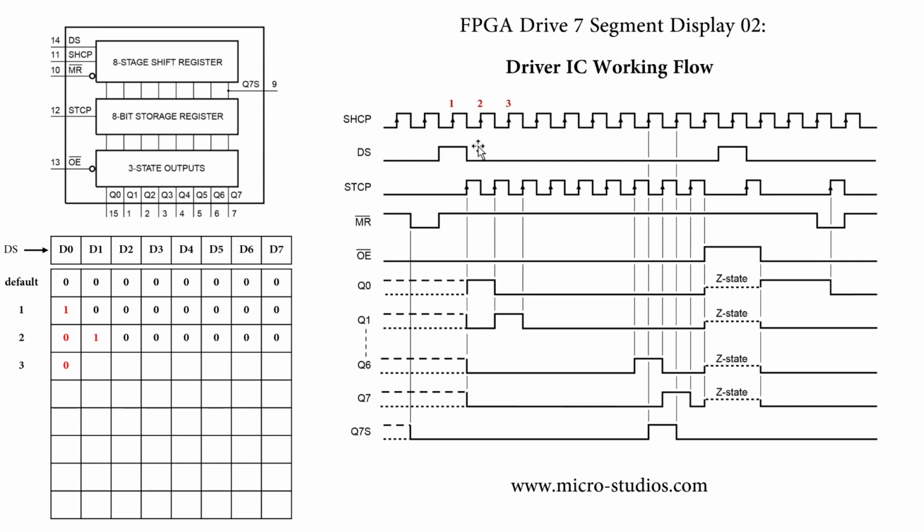So by this way we will see the next clock. This next clock data is 0, and also we will shift the old D1 forward to D2, and the rest of the bits keep 0. The same way we will shift again. This one is also 0. We shift the old D2 and get the default data, and it's still 0.